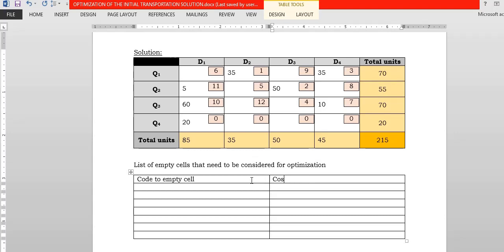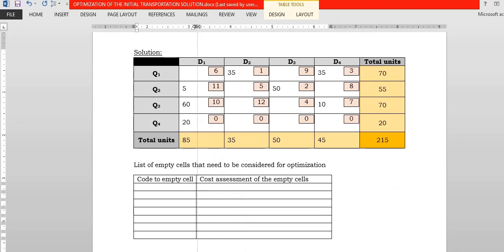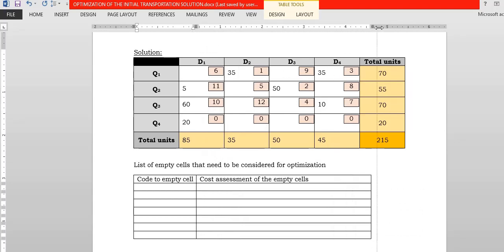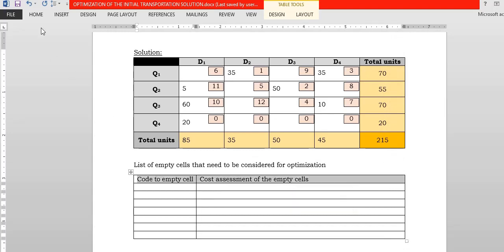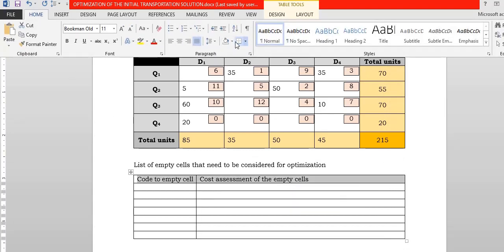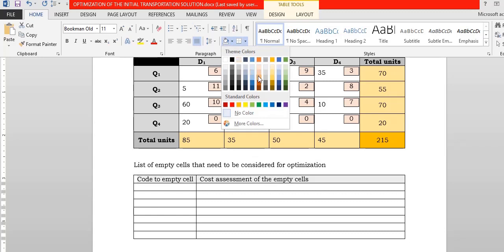Call it cost assessment of empty cells. So we are going to identify our empty cells very fast and do our cost assessment, and we see how far we can move as far as minimizing our cost of transportation is concerned.